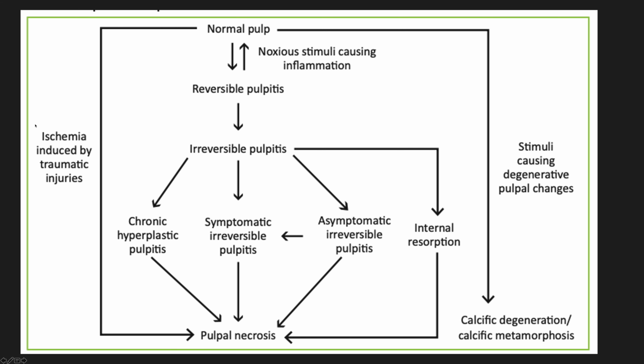So this flow chart shows us how different pulp diseases progress. We have normal pulp, which when coming in contact with noxious stimuli causes inflammation, that is pulpitis. Always initially the pulpitis is reversible, and if we remove the noxious stimuli, it will go back to being normal.